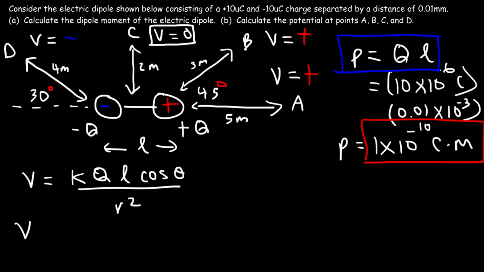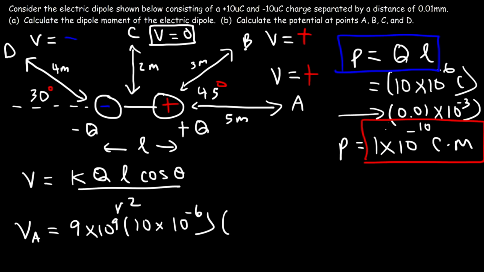So let's calculate the electric potential at point A. K is 9 times 10 to the 9. Q is 10 microcoulombs, so that's 10 times 10 to the negative 6. The separation distance is 0.01 times 10 to the minus 3 meters.